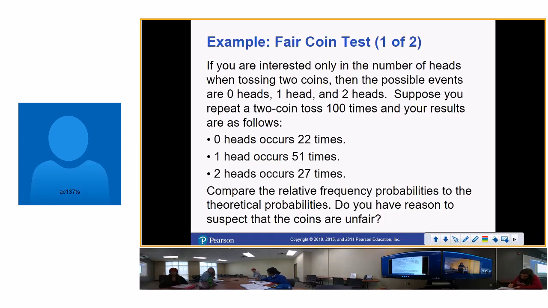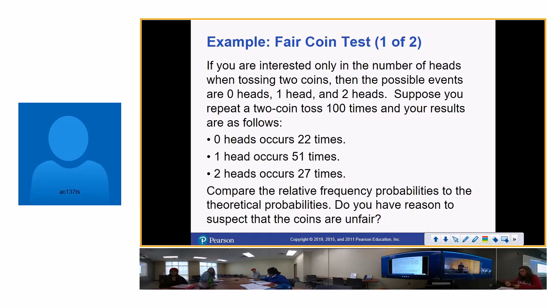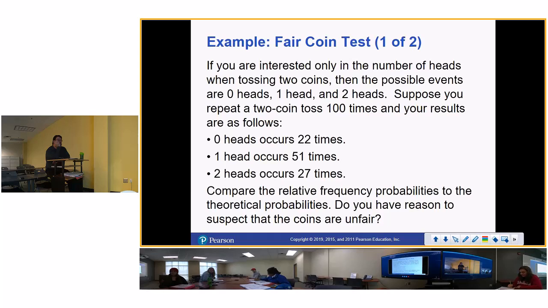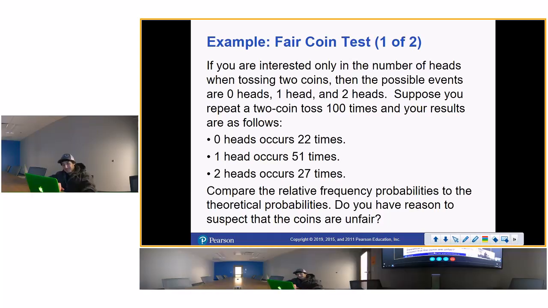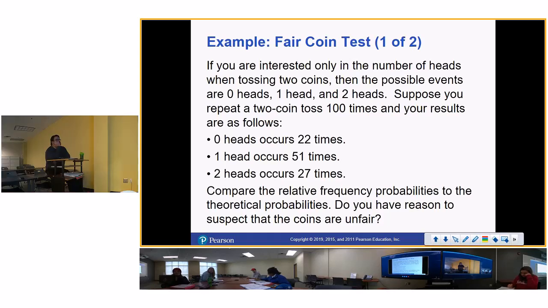So what does that tell you about the coin? I mean, it's not really good. It's not. Okay, what does 0 compared to 0.5 tell you about the coin?